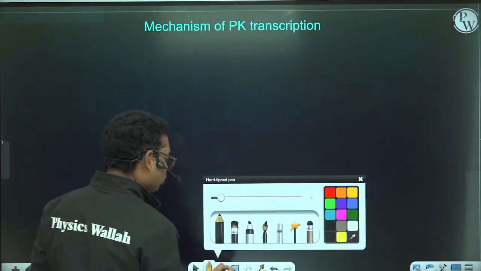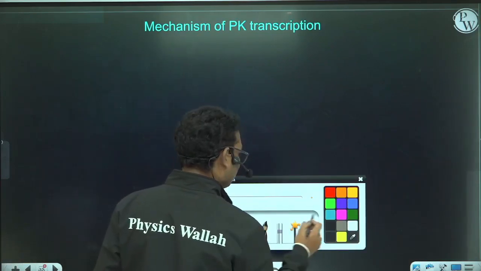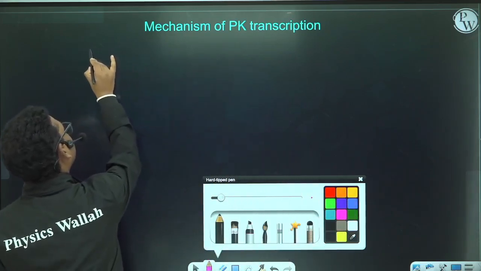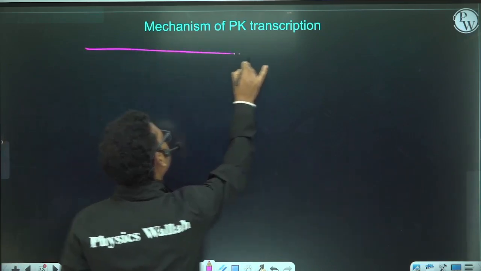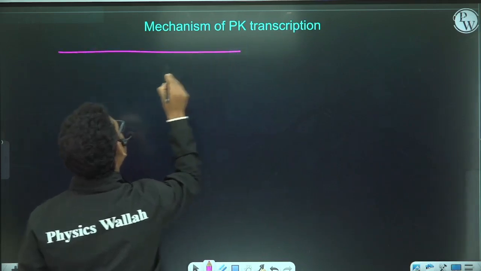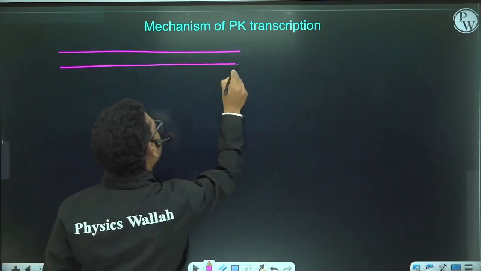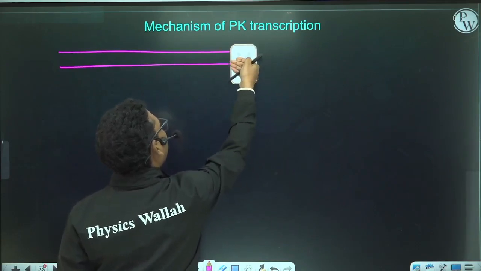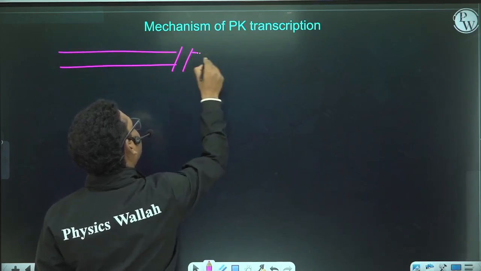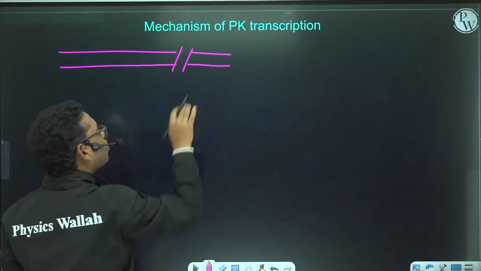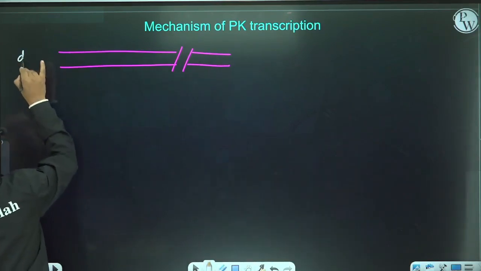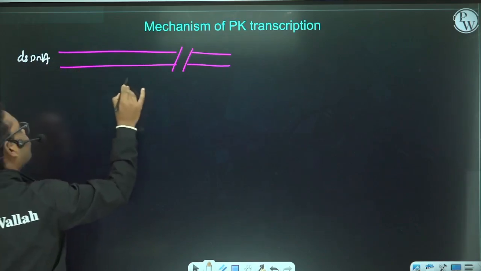Okay, so suppose this is one double-stranded DNA. If I write like this, that means a number of sequences are present here. So in the first case, what is going to happen?